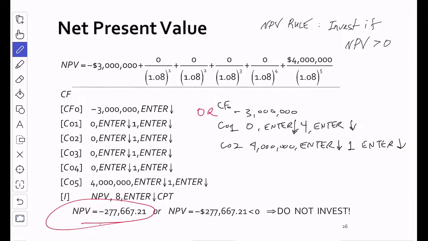Otherwise, you've offset the future cash flows in net present value terms by the initial investment, and you found out that in this case it is negative. So it tells you do not invest. Right. Okay, very good.